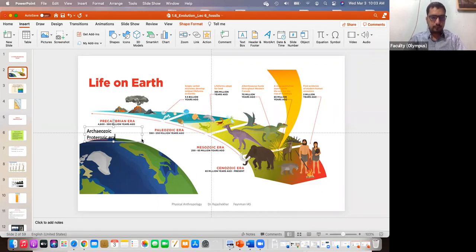As part of the Precambrian era, sometimes you hear the terms Archaeozoic era and Proterozoic era, on the geological time scale.